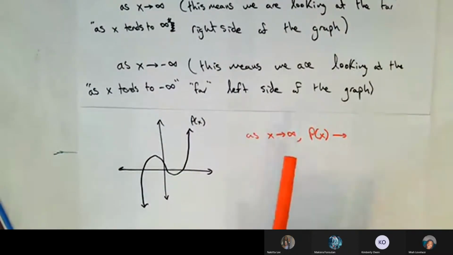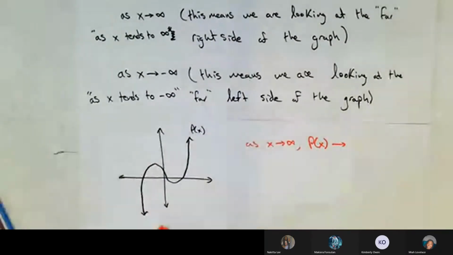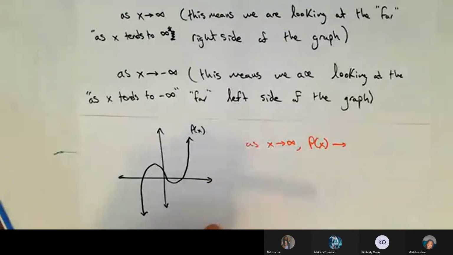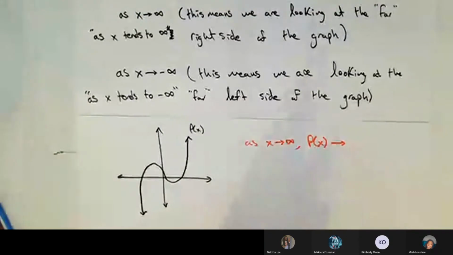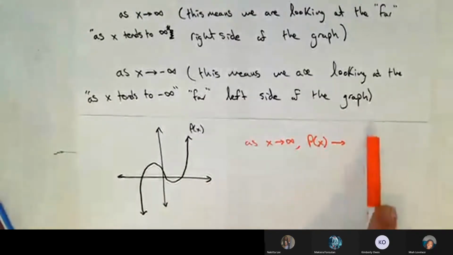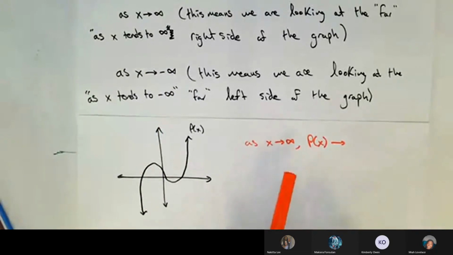Now, as the infinity symbol relates to the x values, we're talking about x values far to the right. P of x, though, is the output value. So when I say infinity versus negative infinity for P of x, I'm talking about up versus down. For the x's, it's left versus right. And for the P of x, which is the output, that's up versus down.